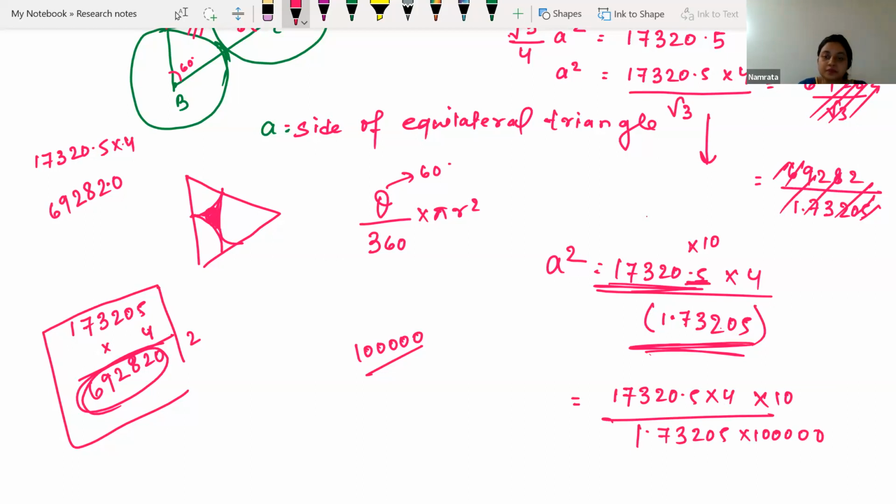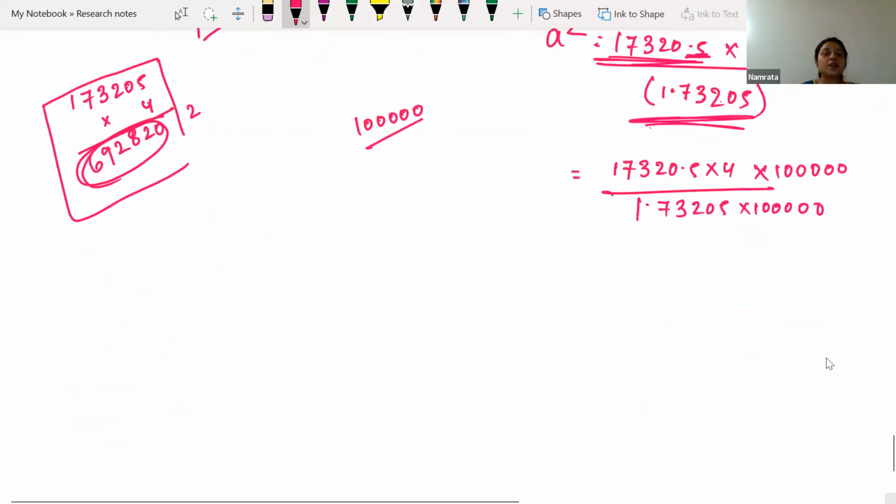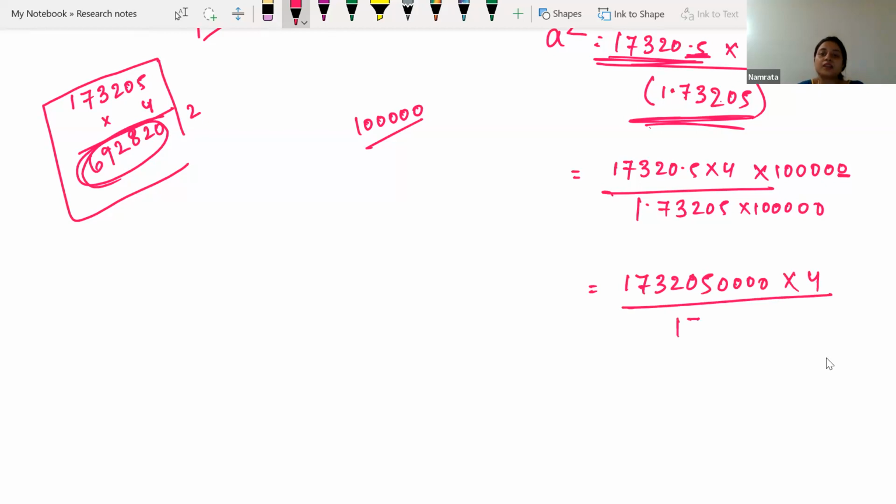Okay. So 1, 2, 3, 4, 5. Once we have multiplied the same number in both numerator and denominator, the numerator will absorb 1 zero but will be left with 4 zeros. So we will have 173,205. The decimal is gone with 1 zero and 4 extra zeros will remain. Is it clear? And in the denominator, all the zeros get absorbed with the decimal.